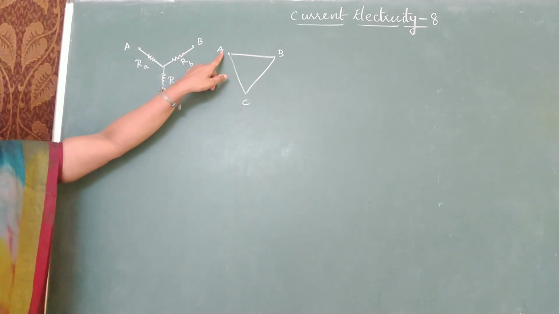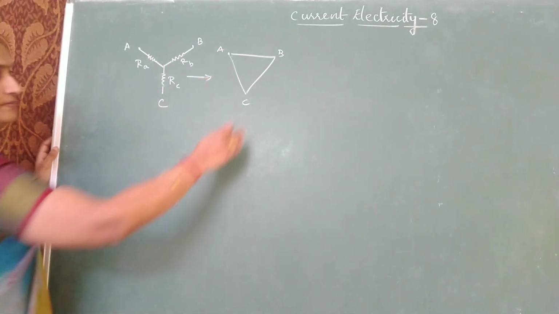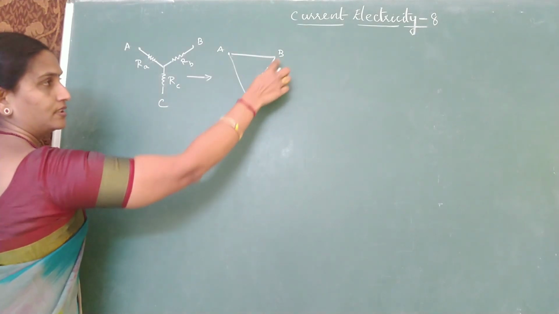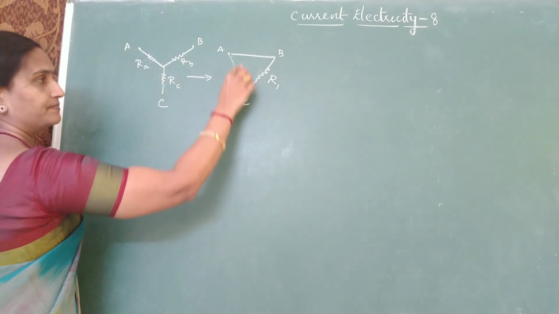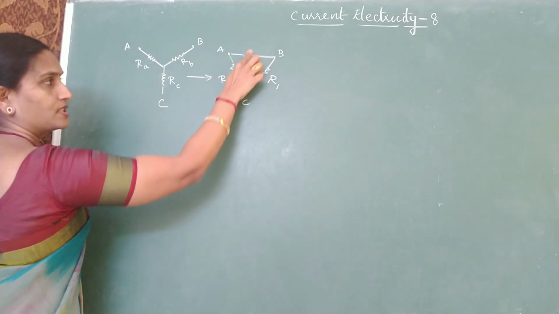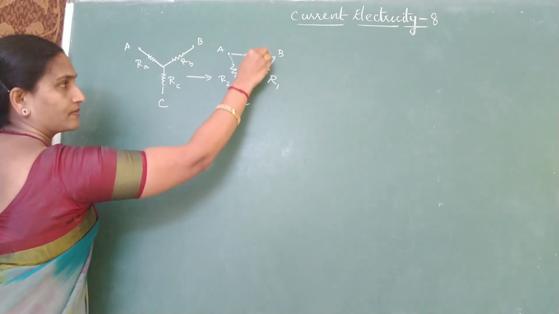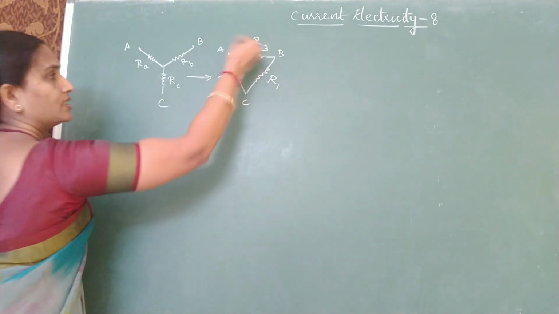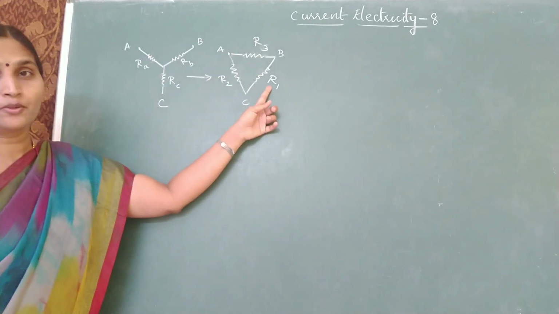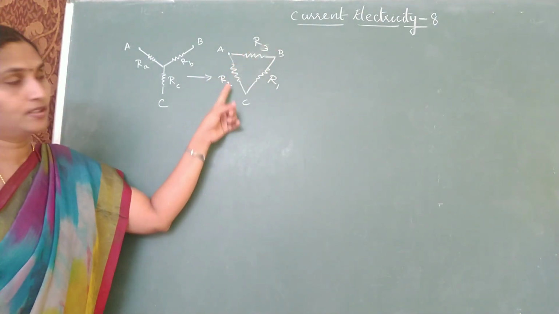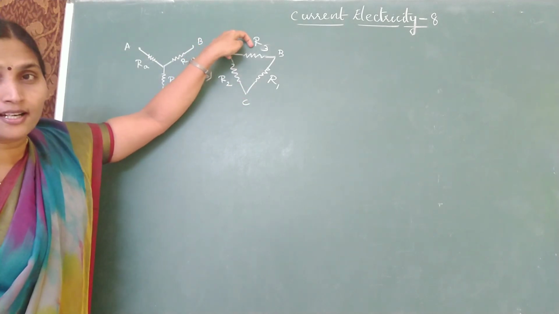The resistance which is connected opposite to A, I will call R1, opposite to B, R2, and opposite to C, R3.